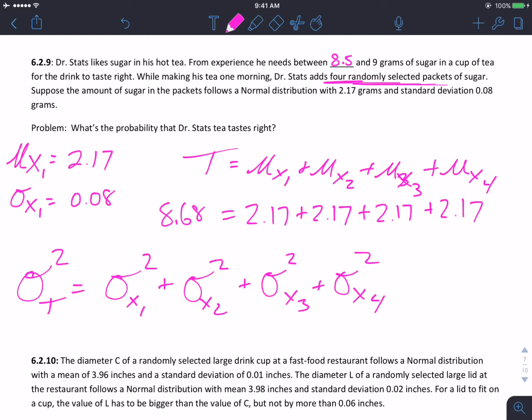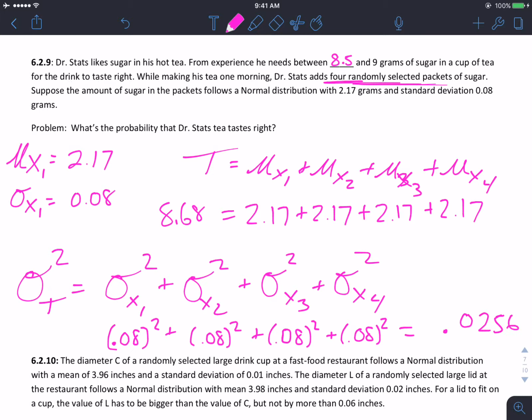If our standard deviation is 0.08 squared plus 0.08 squared, and so on, it's 0.0256.